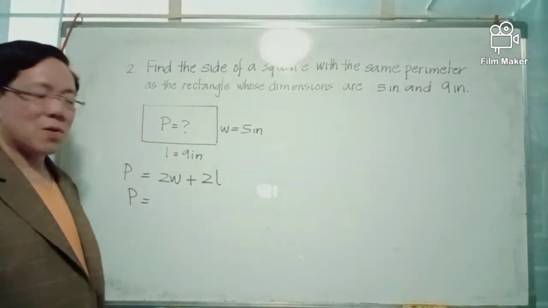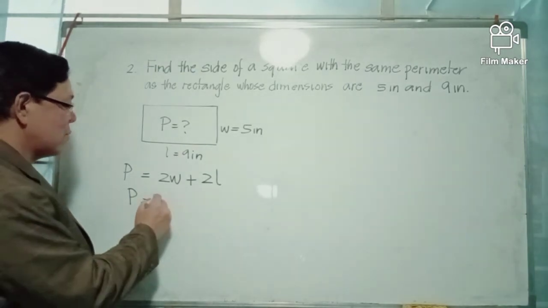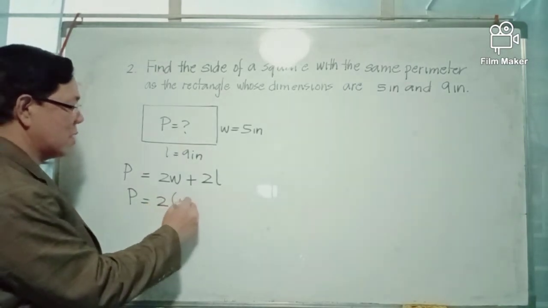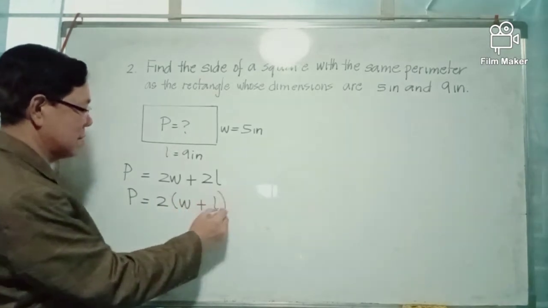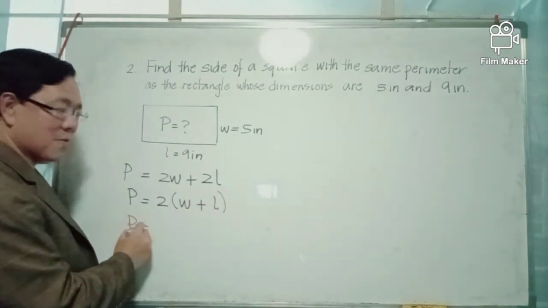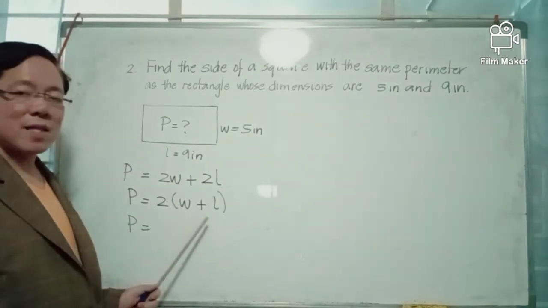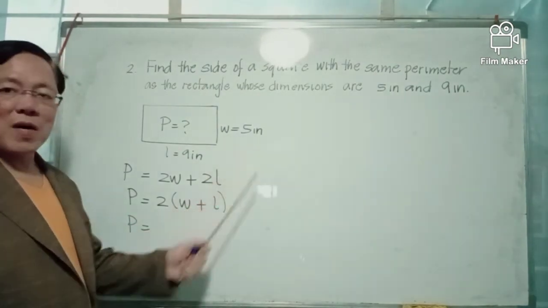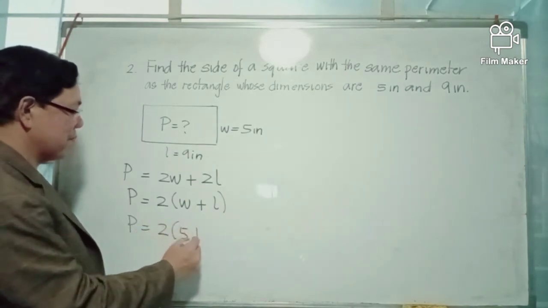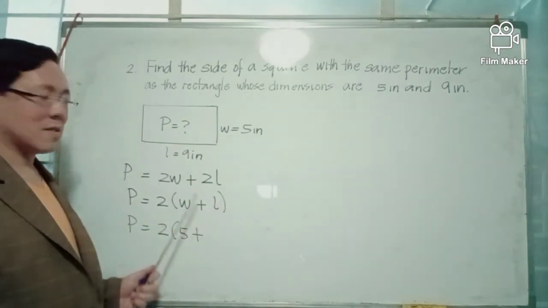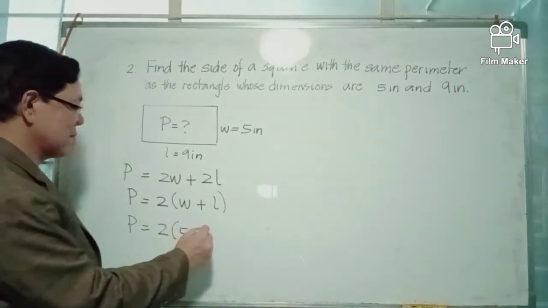Or you can factor out 2, and we get 2 multiplied by the quantity W plus L. We now substitute the width and the length. W is 5 inches. We have 2 multiplied by 5, plus the length is 9 inches.